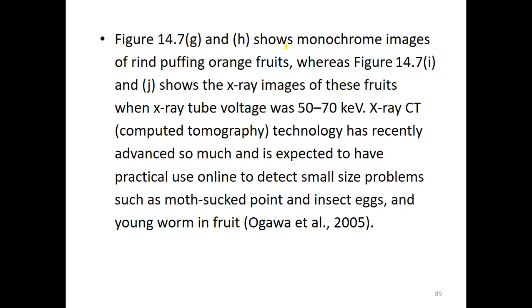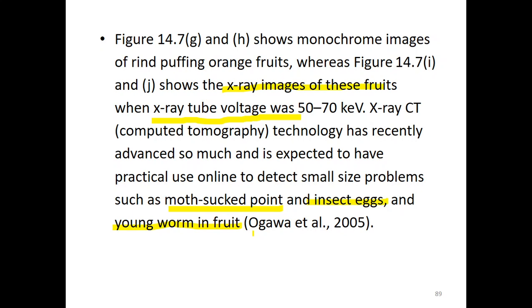And G and H show monochrome images of ripe pudding orange fruit, where I and J show X-ray images of this fruit, and the X-ray tube voltage was 50 to 70 keV. X-ray CT technology has recently advanced so much and is expected to have practical use online to detect small-size problems, such as mosaic points or insect eggs and young worms in fruit.